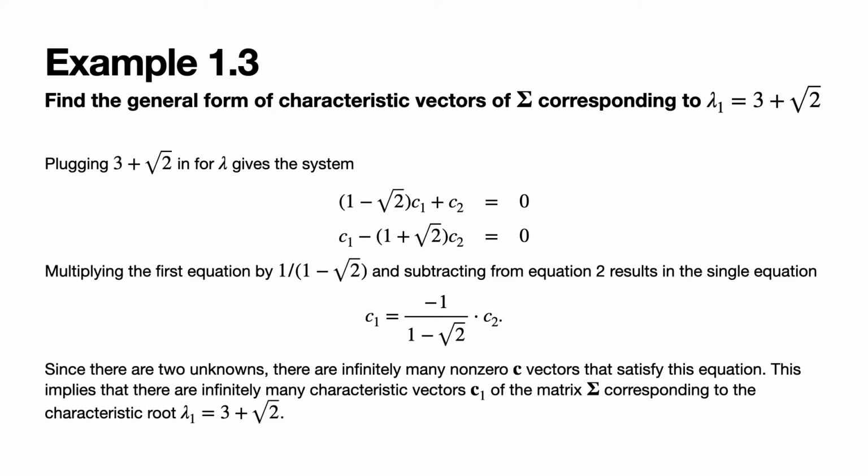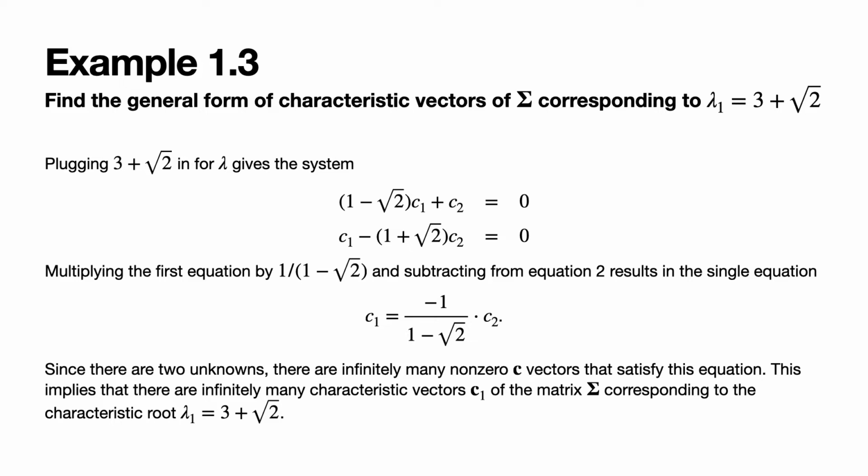So the first equation is the quantity 1 minus the square root of 2 times c1 plus c2 must be equal to 0. And the second equation is c1 minus the quantity 1 plus the square root of 2 times c2 equal to 0 as well.